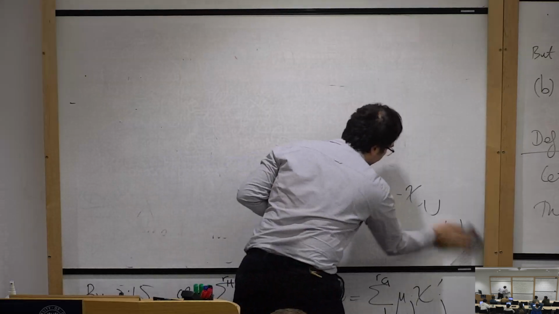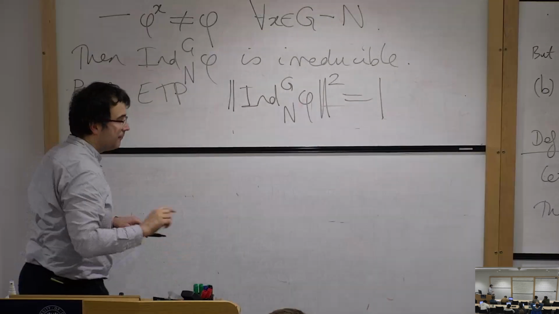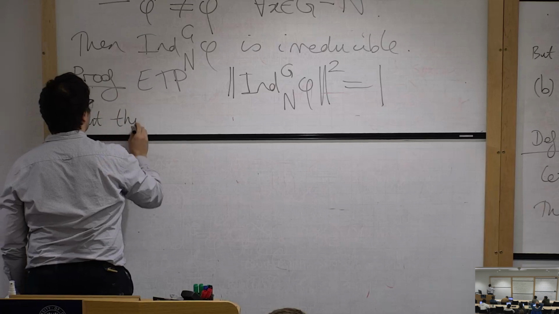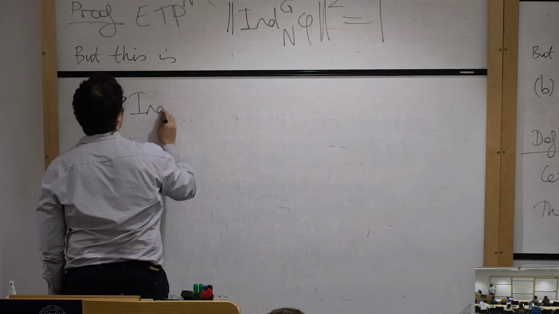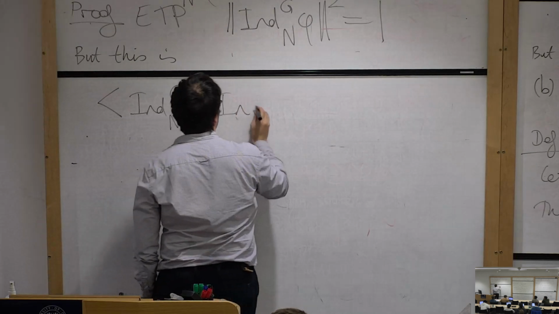You can read that off from the norm square, but the norm square is an inner product, right? To which we can apply Frobenius reciprocity.